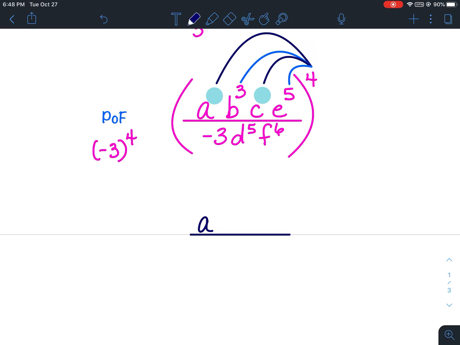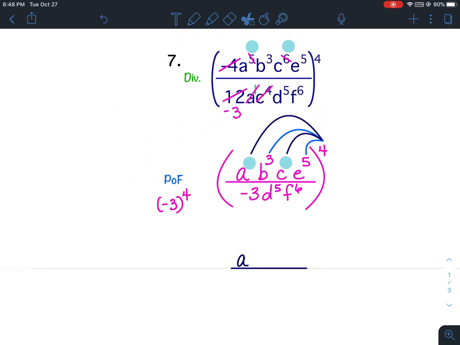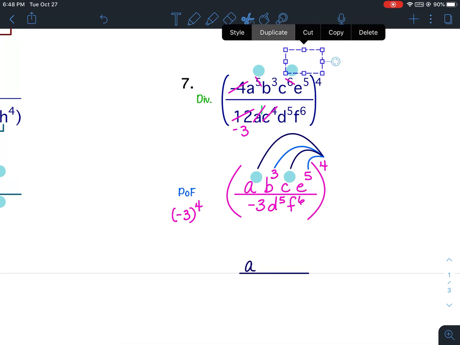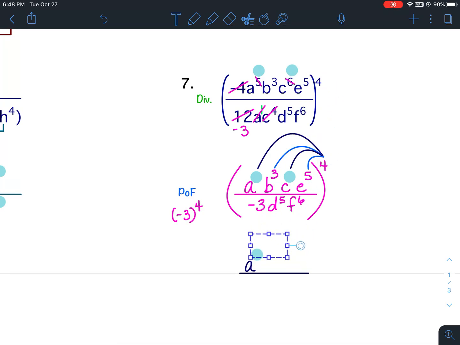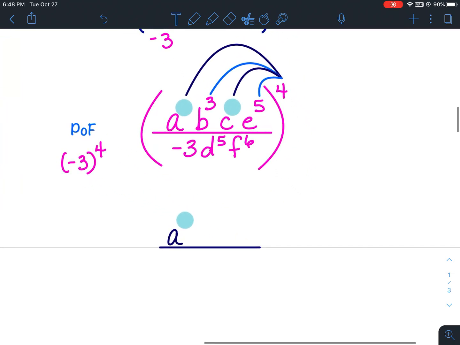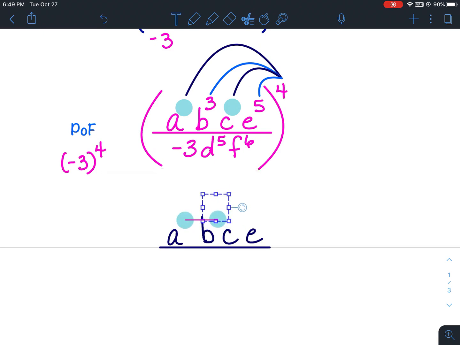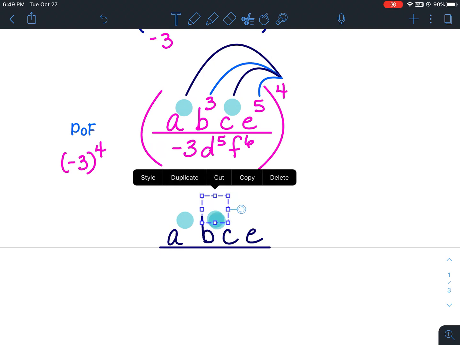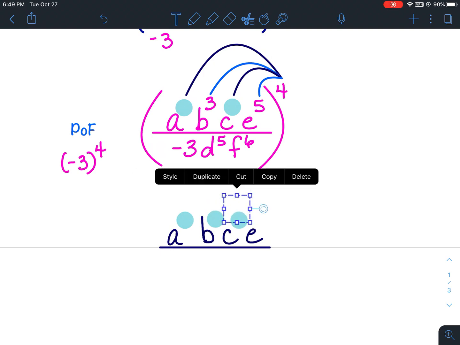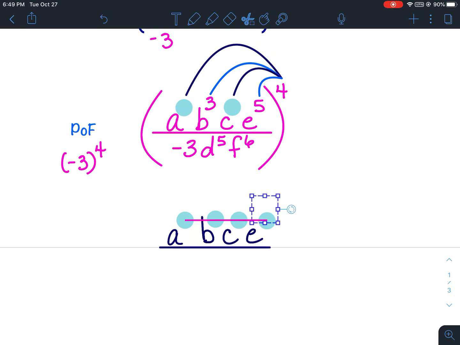So you're going to have to figure out what the A is. We've got B, C, and an E. And I'm not going to help you with any of those. You're multiplying for each of them. So you'll have to find your exponent for the B, your exponent for the C, and your exponent for the E.